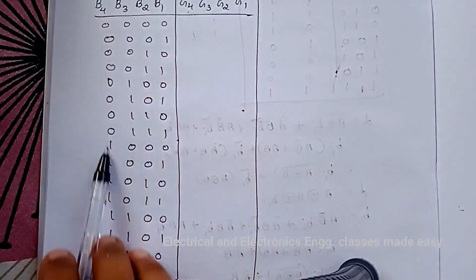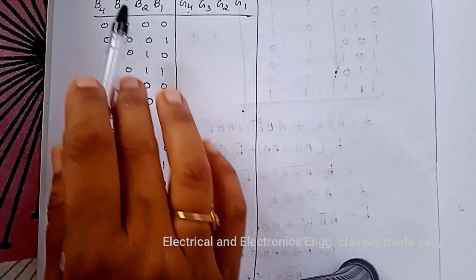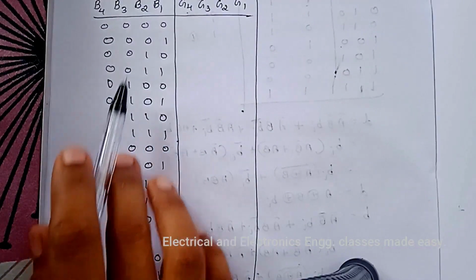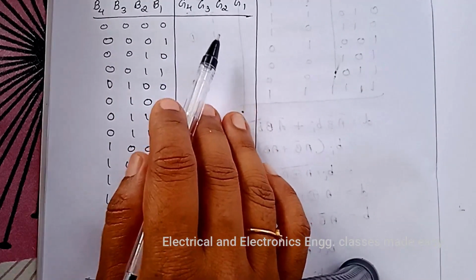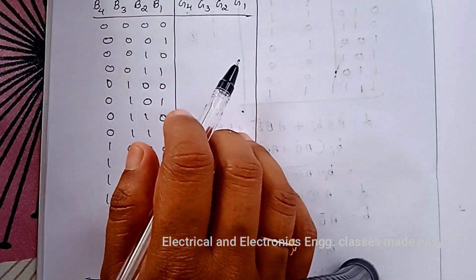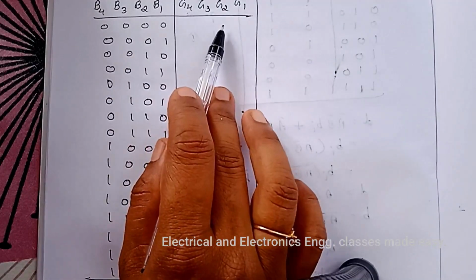This is the input to the circuit and the output is the gray code. So 4-bit binary is the input to the circuit and this 4-bit gray code is the output of the circuit. Now we have to write the corresponding gray code.